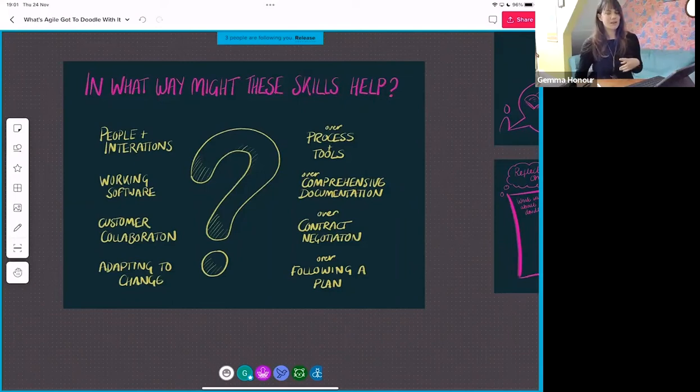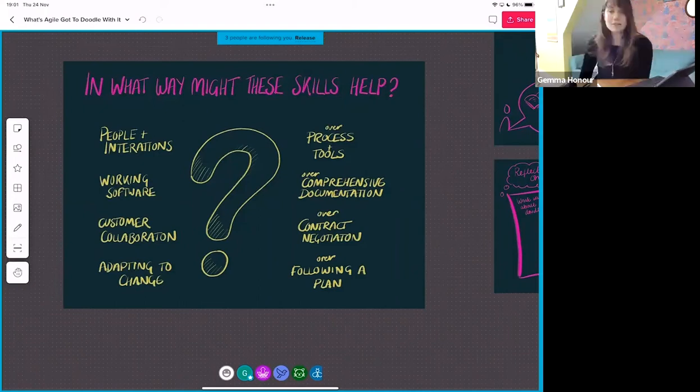What I want you to think about is, in what way could the skills that you've just heard help us explore any of these principles from the manifesto?